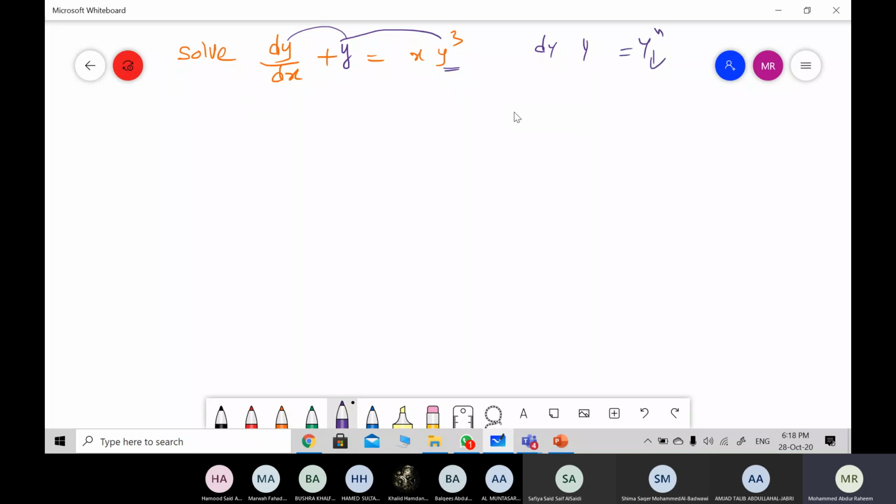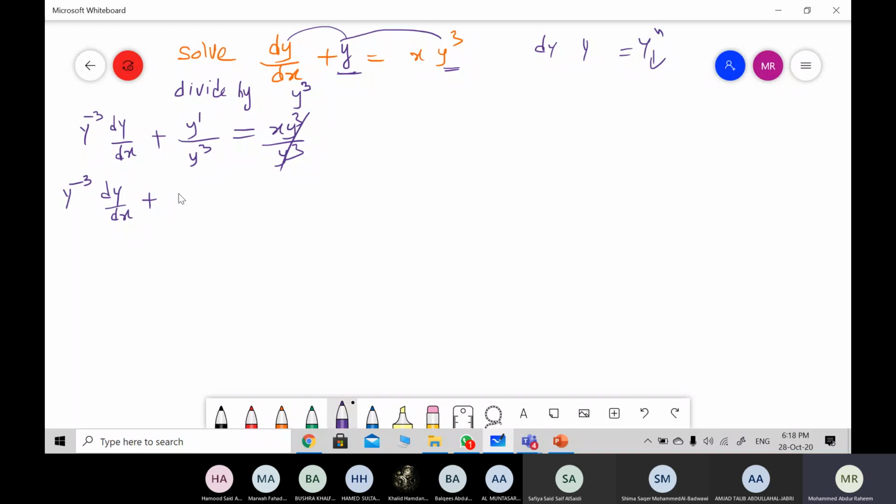Step 1: divide by y to the power 3. Dividing gives x y over y cubed, the same terms cancel, so we have y to the power minus 3 dy by dx plus 1 over y squared, which is y to the power minus 2.